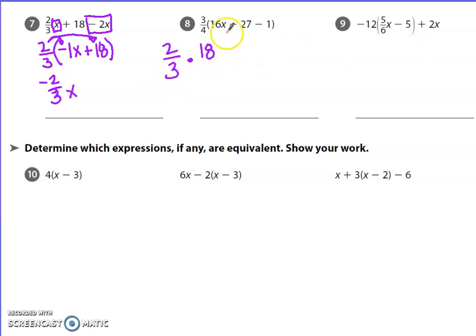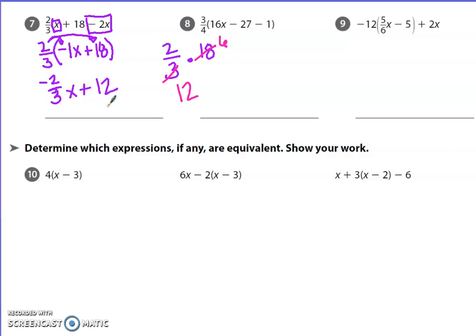Maybe you use cross-canceling. Maybe you multiply straight across. I prefer cross-canceling. 3 goes into 18 evenly 6 times, and 6 times 2 is 12. So I'll have positive 12. No more like terms, so I'm going to leave it just like that. It's the best we can do.